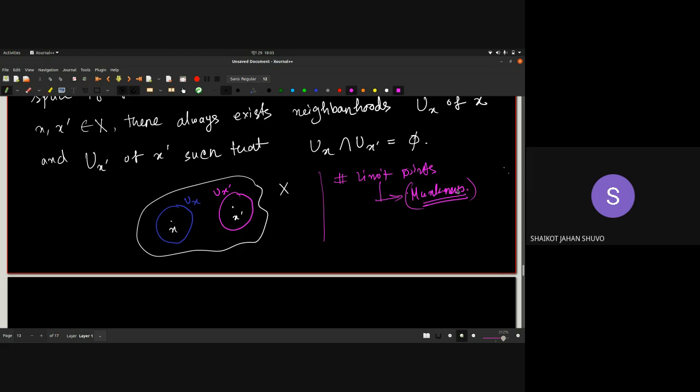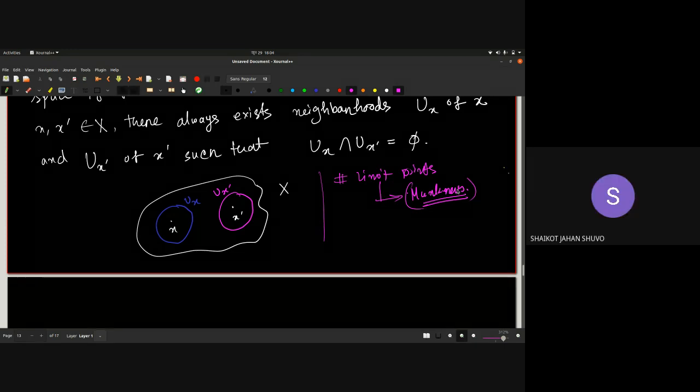Otherwise, none of the calculations engineers or physicists would do would make any sense from my point of view. Because you are saying, oh, the limit of this function at this point is 5. I'm saying, no, it's 50. And both of us are correct. That's absurd. So for the Hausdorff space, a unique limit has to exist.